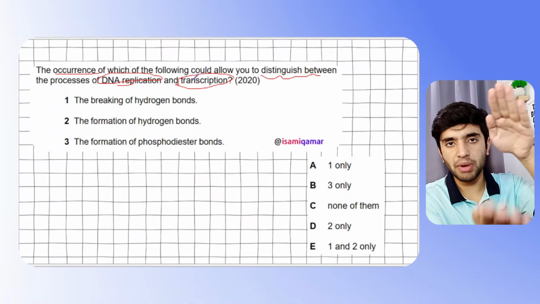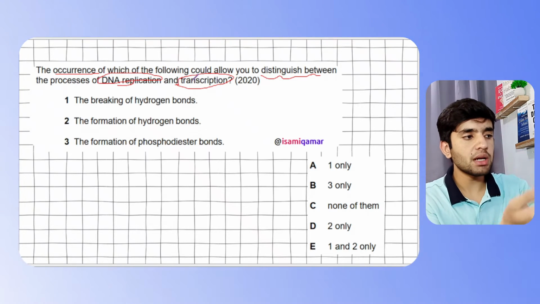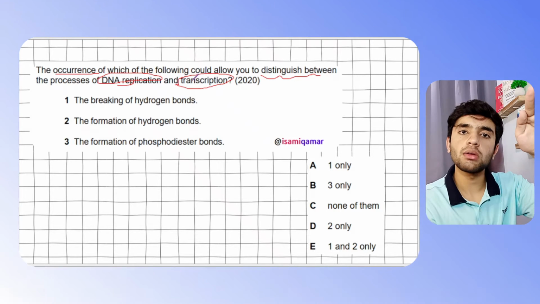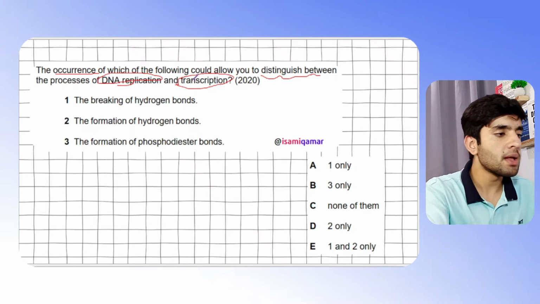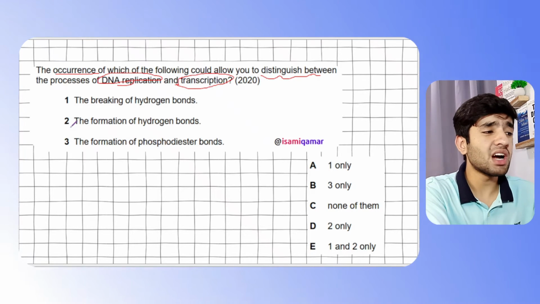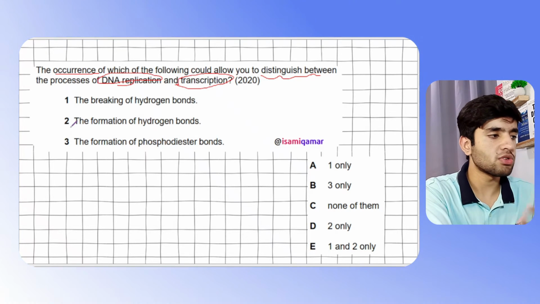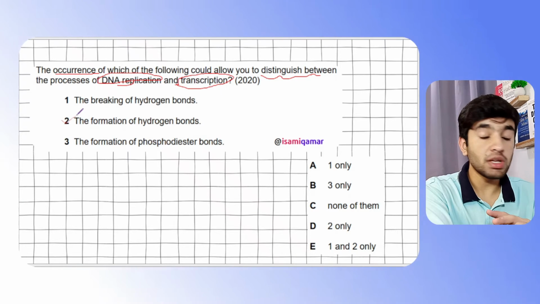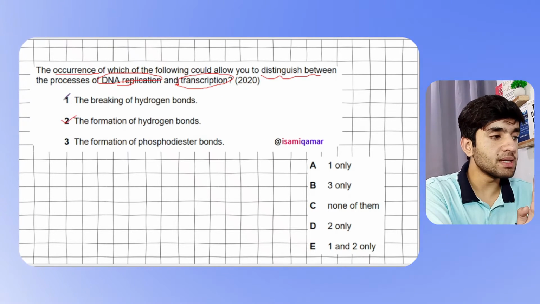So hydrogen bonds break, and then nitrogenous bases form hydrogen bonds, so this occurs in both.